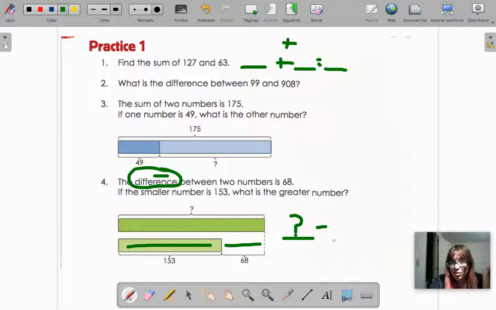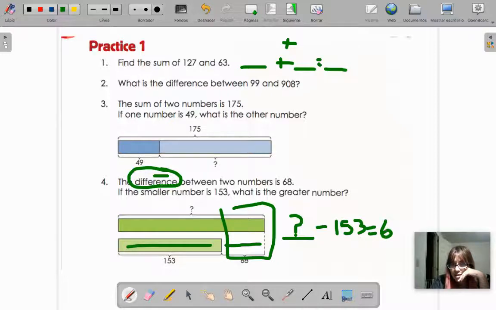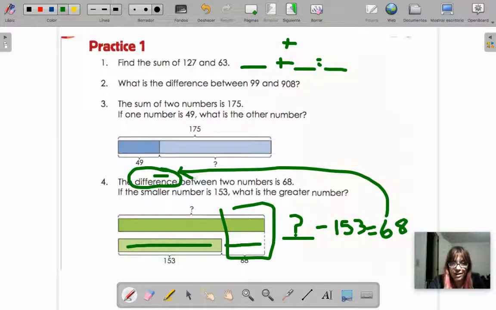Exactly. It doesn't matter which one we take away right now. We can take away this and it would give us this, but we already know the answer. So here it doesn't matter which one you put first, okay? Imagine that I take away 153 or 68, and it would equal 68, okay?